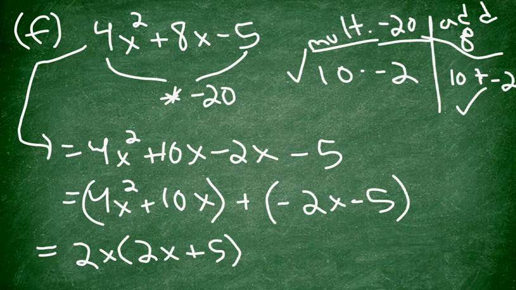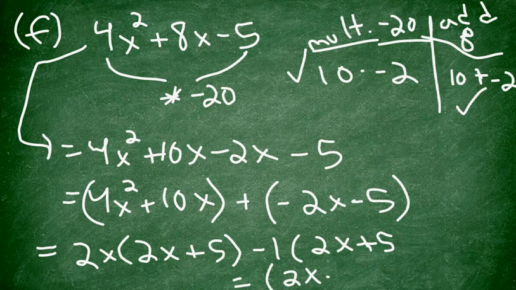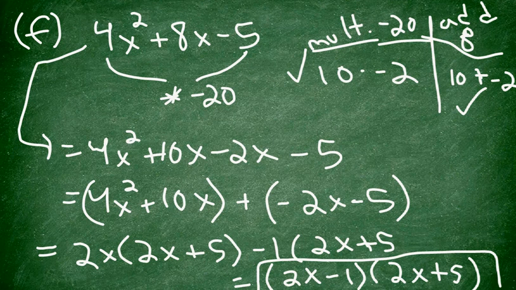I need that 2x plus 5 repeated, so I'm going to take out a negative 1. Okay. So in all I have, and actually let's just write, let's see if I can fit it here. 2x minus 1, 2x plus 5. There we go. Okay, so there is my final answer for question F and my final answer for this review.